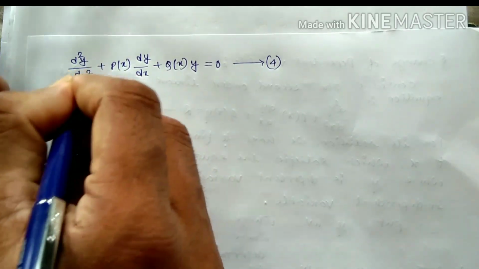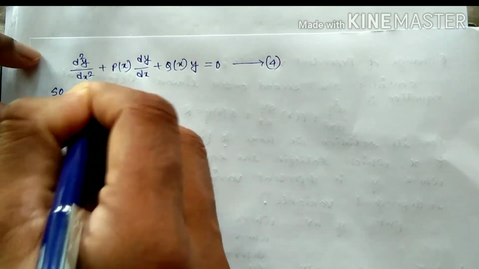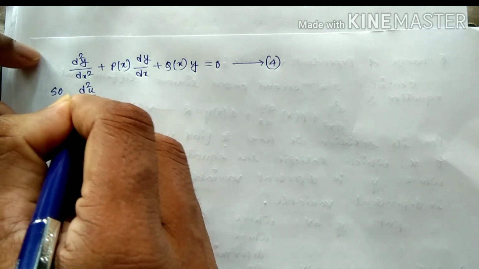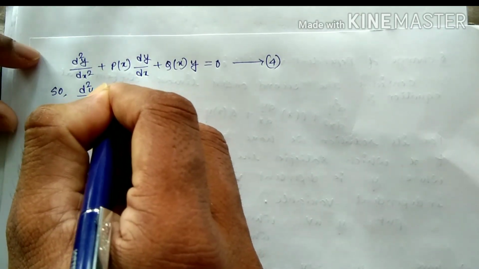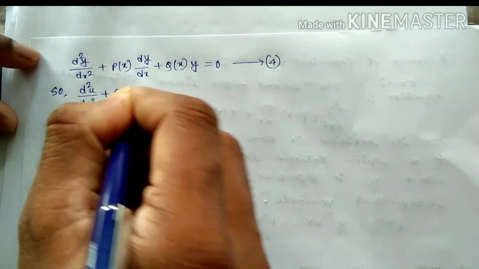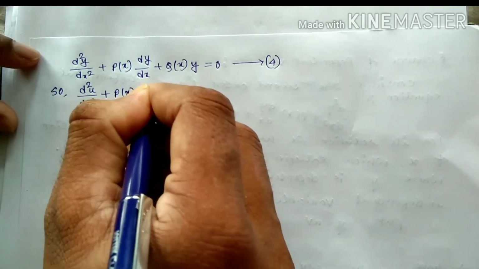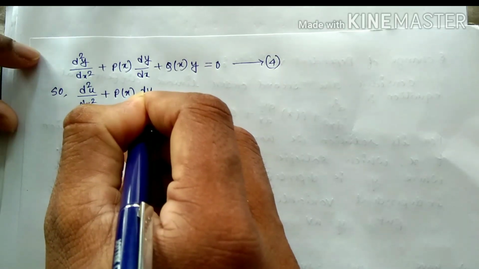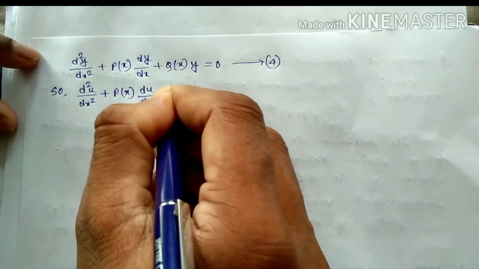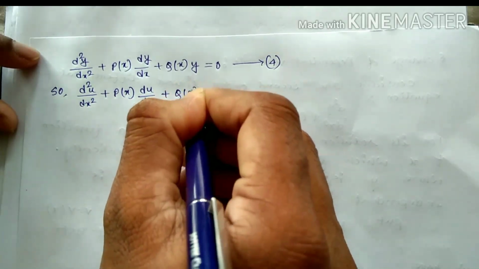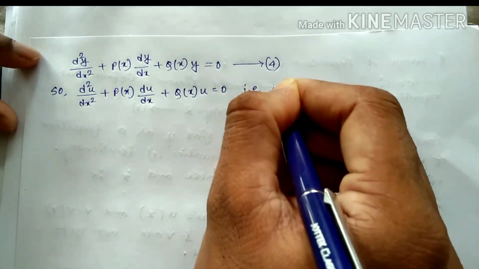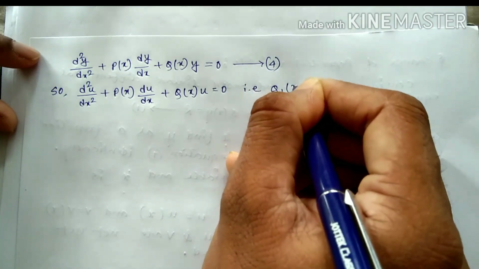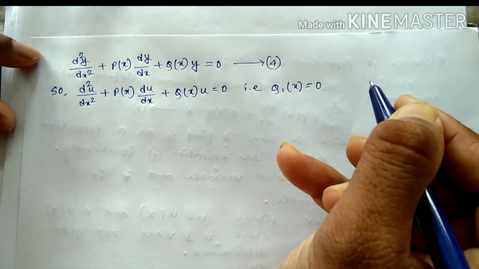So d2u upon dx square plus p of x du upon dx plus q of x u is equal to 0, that is, q1 of x is equal to 0.